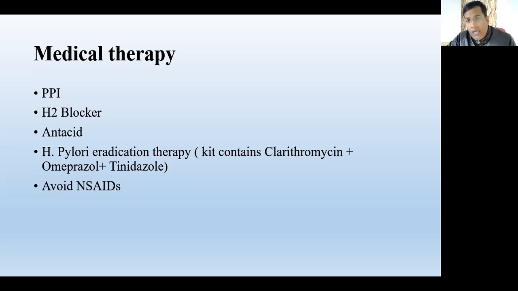Then according to the etiology, if the patient has an H. pylori infection and you confirm the presence of H. pylori, then you must give H. pylori eradication therapy. Nowadays, H. pylori eradication kits come. That kit contains three medicines.